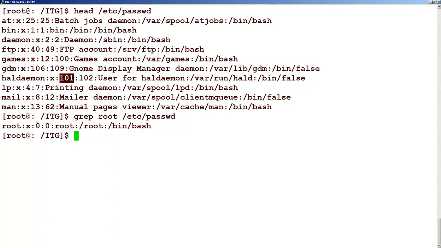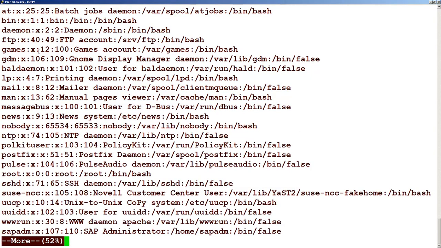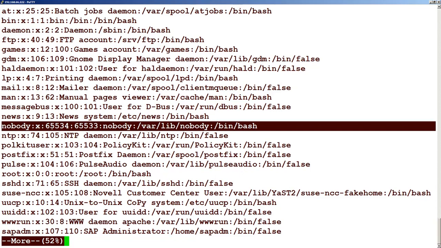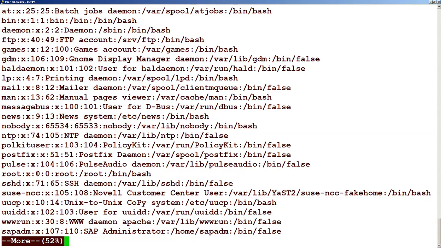For root, the UID is 0. Let's look at some other users, like nobody. See the value for root, 0.